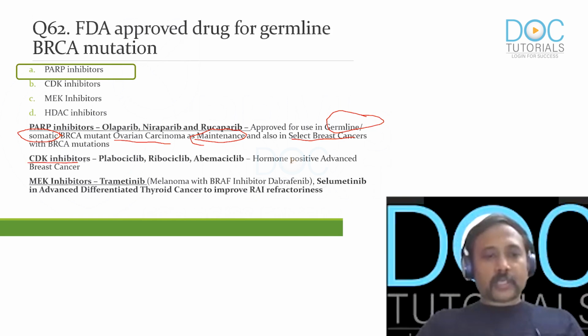Last year, a question had come from this group, CDK inhibitors, which put it as PLABO, it is palbociclib. So palbociclib, ribociclib, and abemaciclib. These are the three drugs which are going to be your cyclin inhibitors or cyclin dependent kinase inhibitors. That is the reason why you have this cyclin inhibitor in the name itself. And here again, the clue is there. PAR stands for PAR and IB stands for inhibitors.